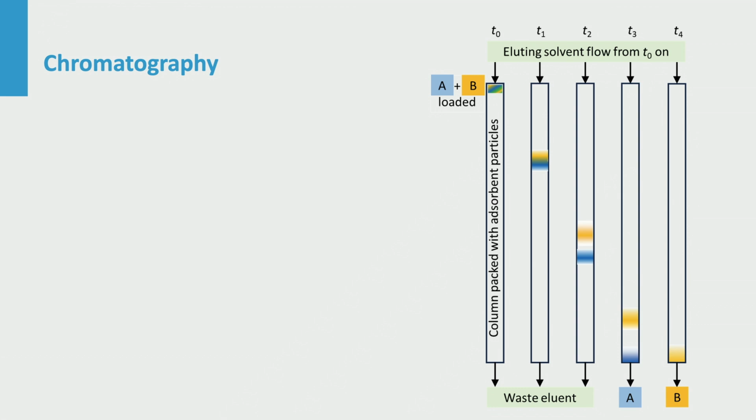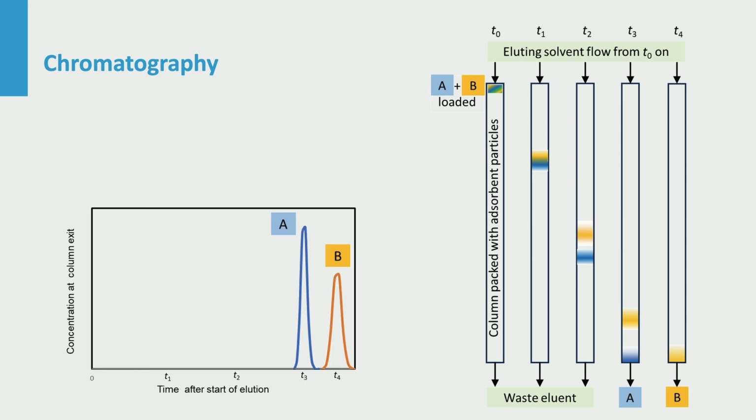Then, during elution, a solvent is used for some time to flow the mixture through the column, but the mixture components will be retarded by adsorption on the particles that they pass. The components desorb again, but stronger adsorbing components reach the column exit later. In this way, solution at the column exit can be collected per component.